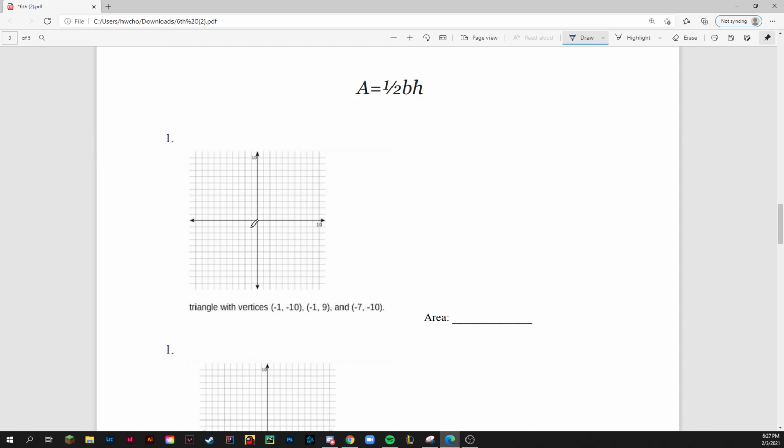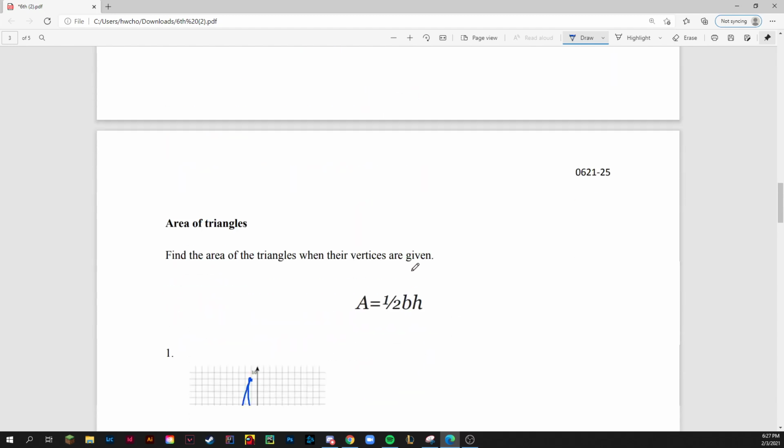So let's just graph it. -1 by -10, -1 by +9, -7 by -10. So it's going to be connected like this. Sorry, I can't draw straight lines. I'm using a computer mouse.